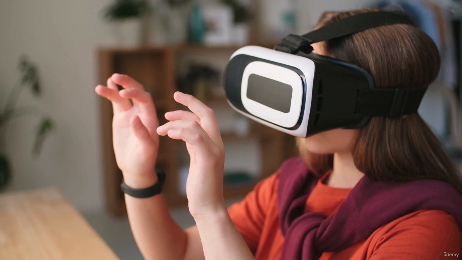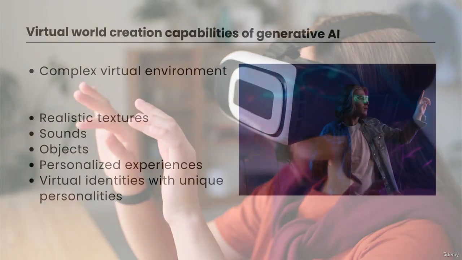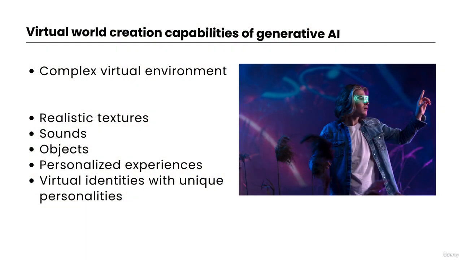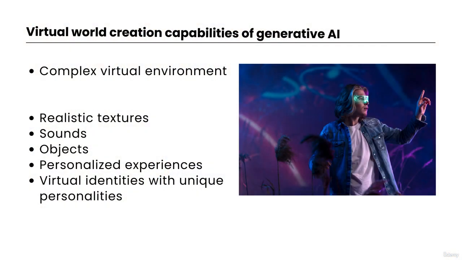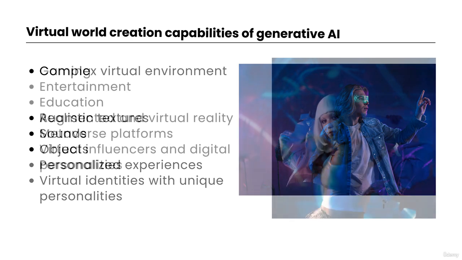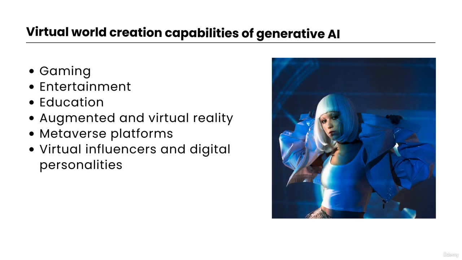Generative AI also makes it possible to create virtual identities with unique personalities, avatars that can be fitted with specific personality traits that are reflected in their behavior and their conversation. The virtual world capabilities of generative AI have application in gaming, environment, education, augmented and virtual realities, metaverse platforms, and also virtual influencers and digital personalities.